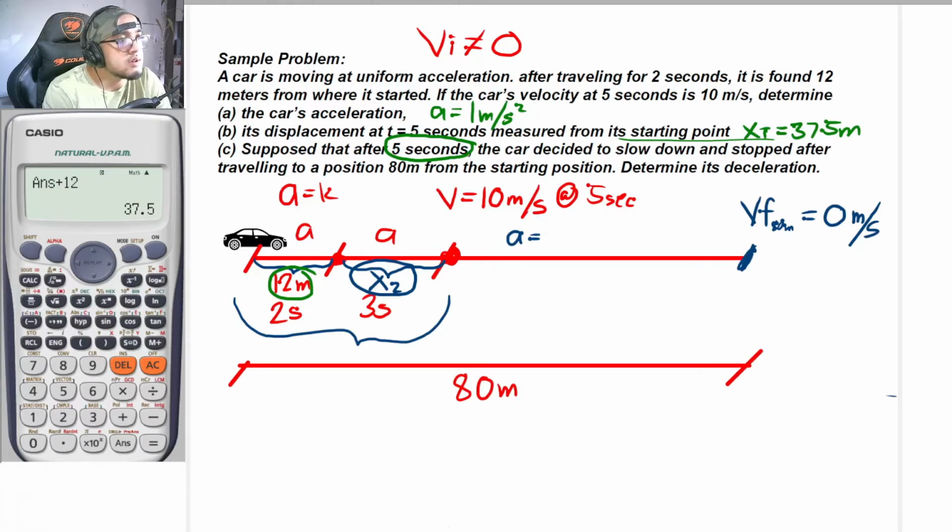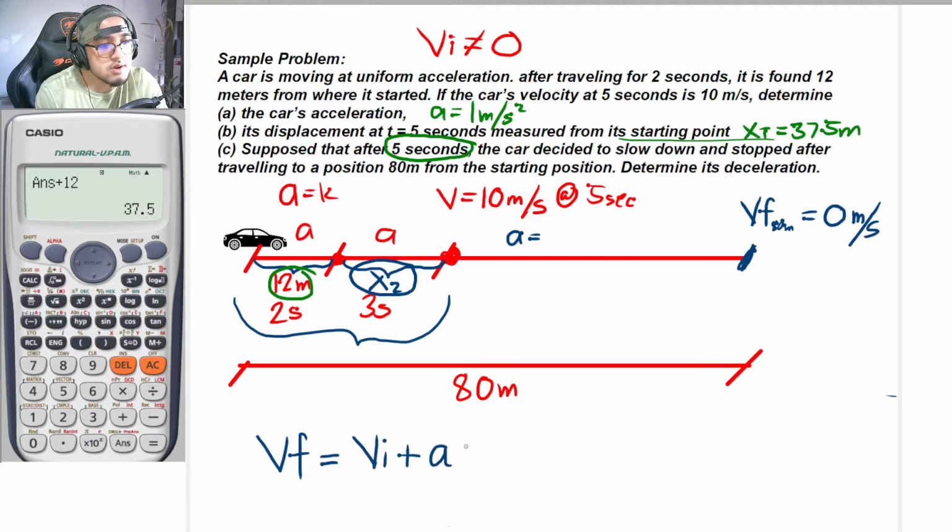Proceeding, we know that your final velocity is equal to your initial velocity plus the acceleration times the time. So for your VF, this should be equal to 0.